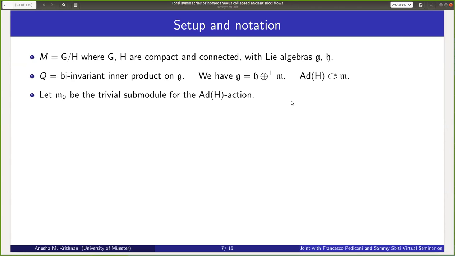Okay, and under this action, M splits into Ad H modules, and we denote by M naught the trivial module for the Ad H action.